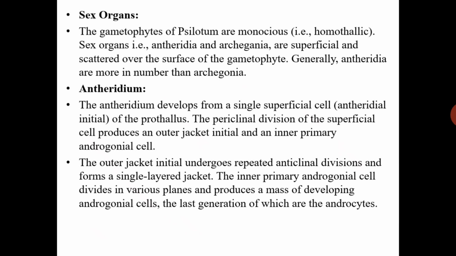The outer jacket initial undergoes repeated anticlinal divisions and forms a single layered jacket. The inner primary androgonial cells divide in various planes and produce a mass of developing androgonial cells, the last generation of which are the androcytes.